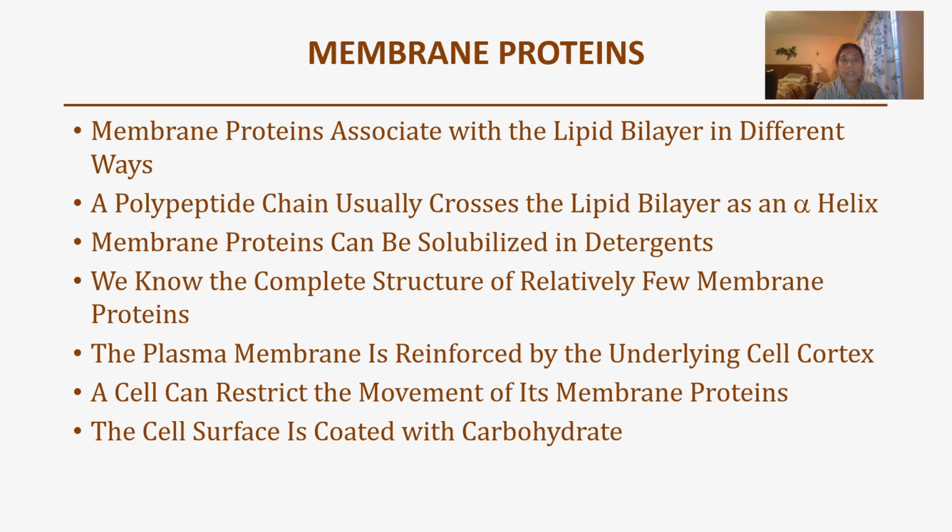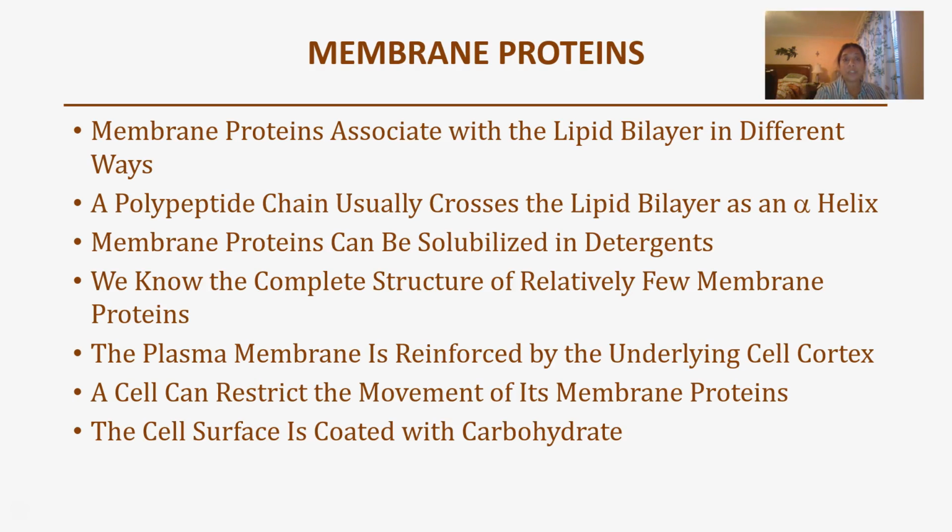So just to review the second portion of our lecture today, the membrane proteins associate with the lipid bilayers in many different ways. They can be transmembrane proteins. They can be integrated to just one side of the plasma membrane. They could be linked through a lipid molecule or through glycosylation sites, right? Or they could be linked with proteins that are part of the membrane but don't directly associate with the membrane themselves.